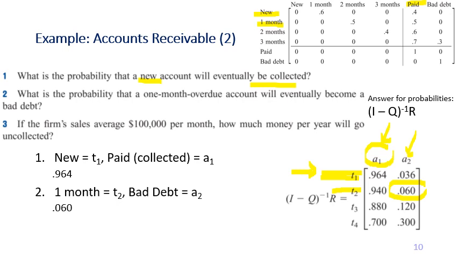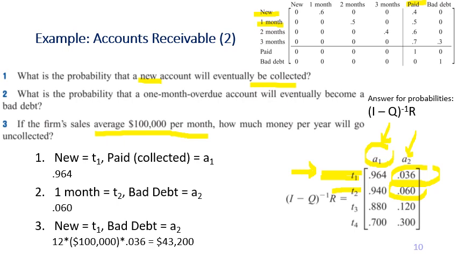Now the third one says that if the firm's sales average $100,000 per month, you can also think of this as a new account, right? Because all sales start from a new account. So you see that from new to bad debt, there is a probability of 0.036.